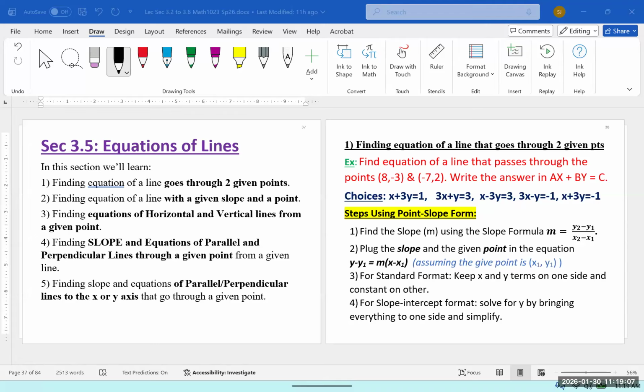Okay, so we are done with 3.2, 3.3, and 3.4. And now we are starting 3.5. 3.5 is a little bit longer than the other three, so you're going to take a little bit of time here. So your homework is sections 3.2, 3.3, and 3.4.